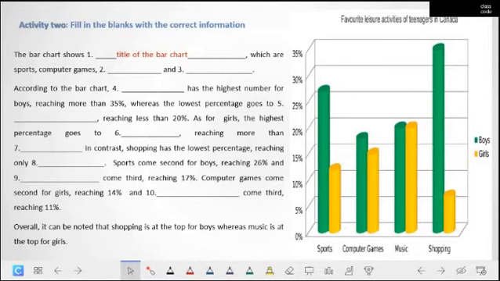And 5 is 20%, all right? Try to give your answers in one message. Sufyan Mansour, music, shopping, computer games, music, 20%, 6%, music and sports. Check your answers in a minute, inshallah.